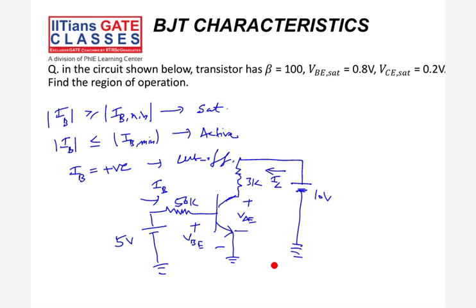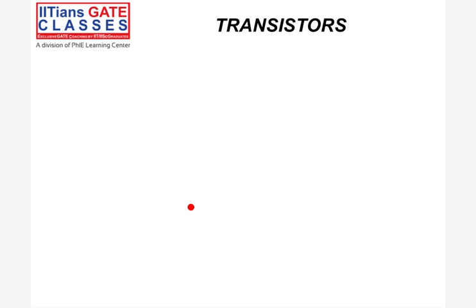So if we assume the transistor is in saturation, what we can do? We will take VBE equal to VBE saturation, that is equal to 0.8 volt. Second thing, VCE is equal to VCE saturation, that is equal to 0.2 volt.